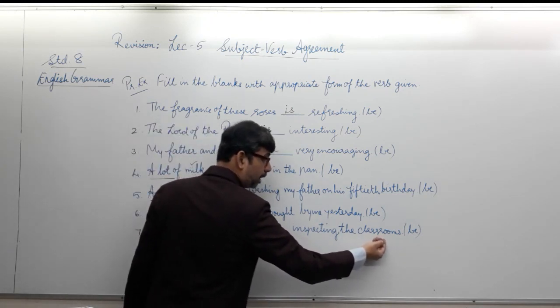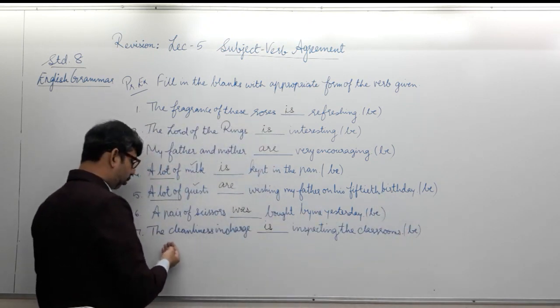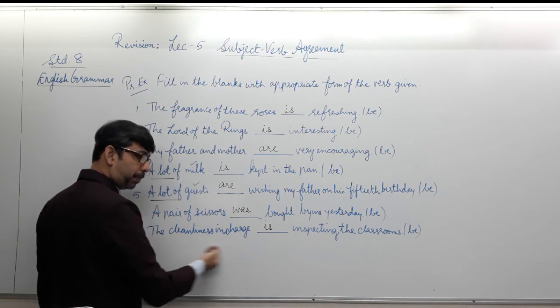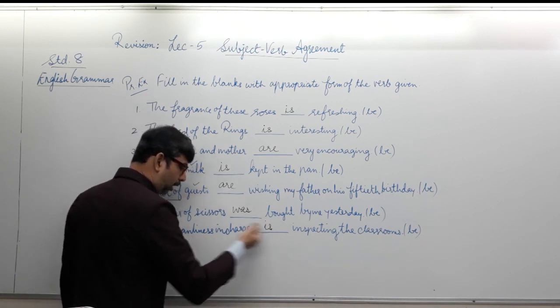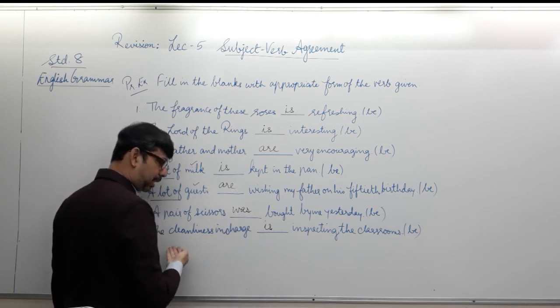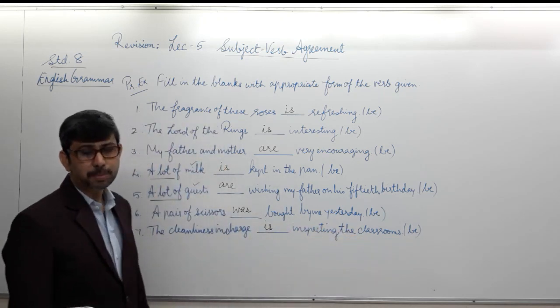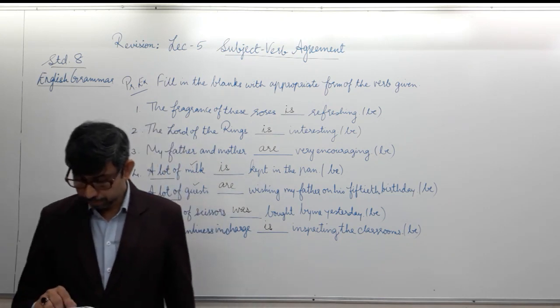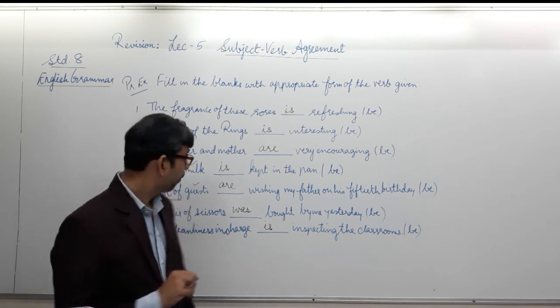So we are talking about the person, not the classrooms. So classrooms is an object but in the predicate part and not in the subject part. So the cleanliness in charge is the person, is a singular entity, therefore singular verb to agree with the subject and make its agreement. Is inspecting the classrooms and not are inspecting the classrooms. Let's move ahead and take one more example, one more sentence.